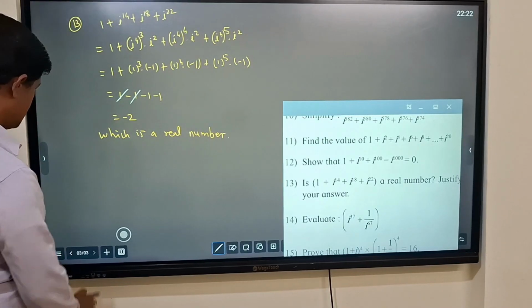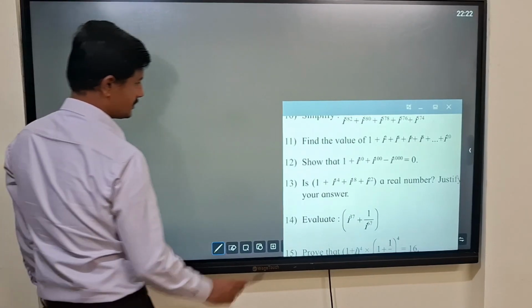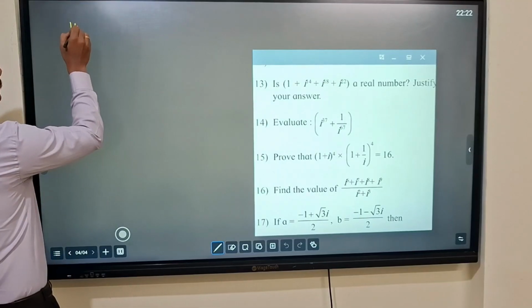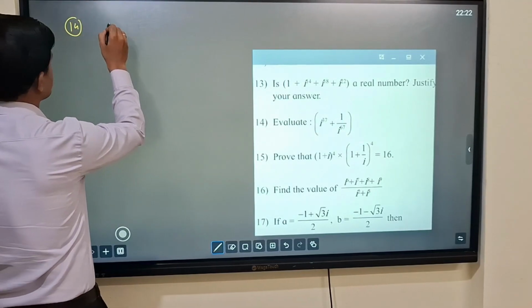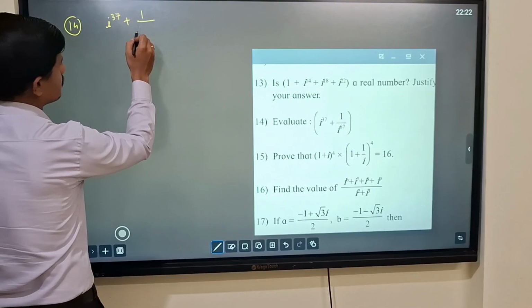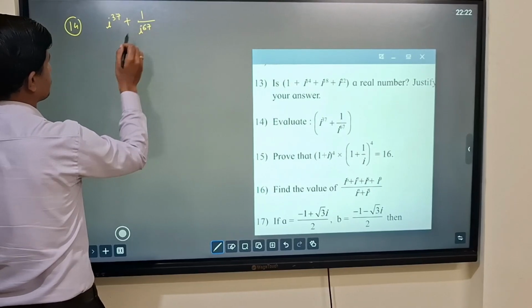Okay, now the 14th sum. Evaluate i raised to 37 plus 1 upon i raised to 67.